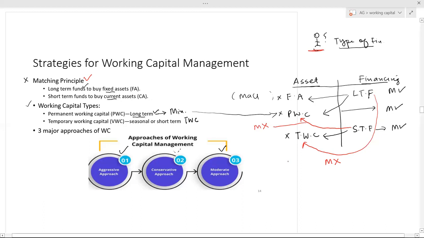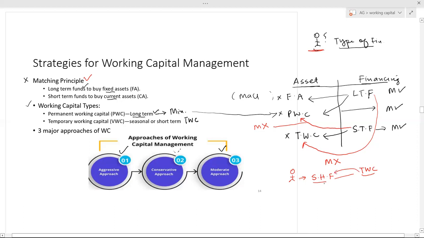But please remember that before we discuss further, if you are a manager and you are taking the short-term funds to meet your need of temporary working capital, then it is okay, because you are matching it, and because this is a short-term need, you are fulfilling your need using the short-term funds.